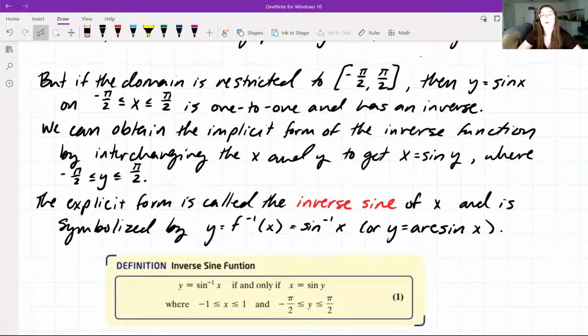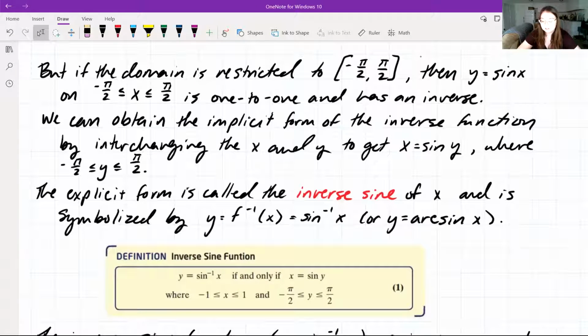Sine inverse of x we also call arc sine of x. We will use sine inverse of x more often than arc sine of x, but if you do end up seeing it at any point, that is what it means. Arc sine of x and sine inverse of x are the same thing, they just have different names.